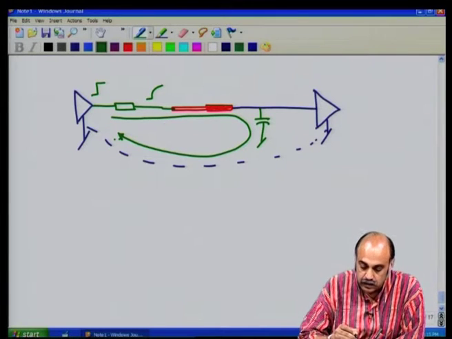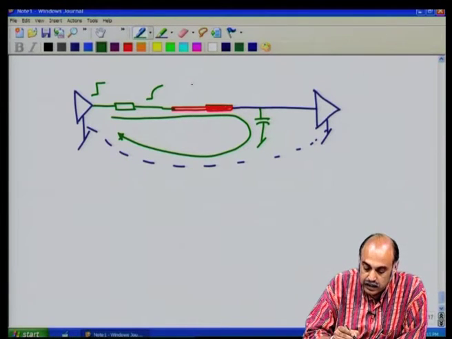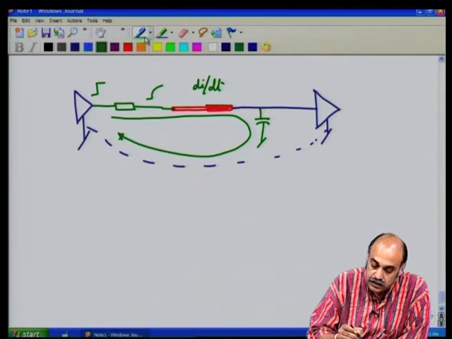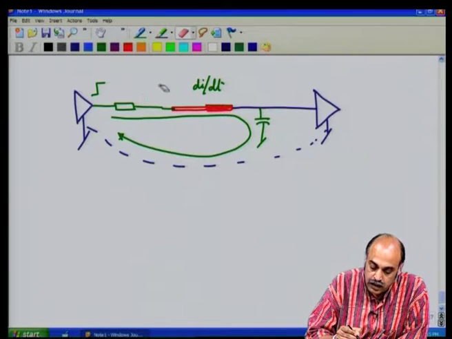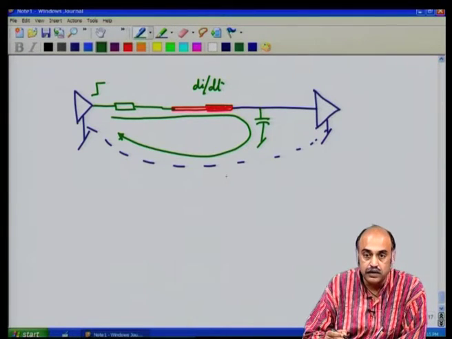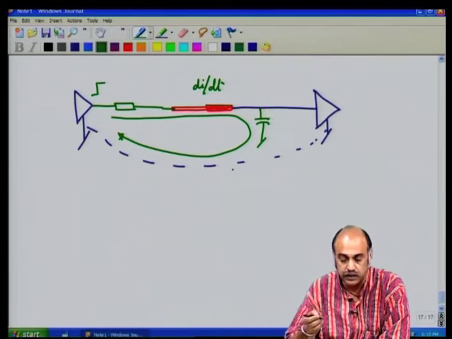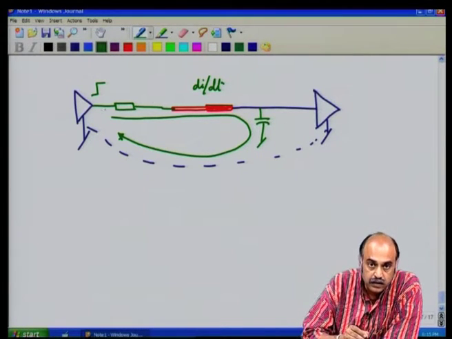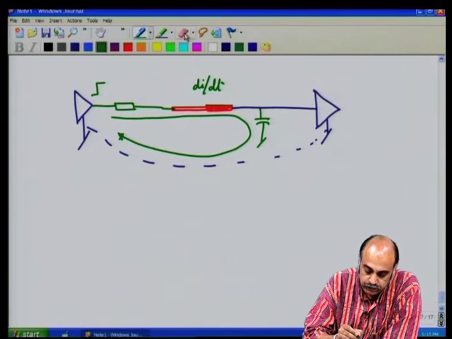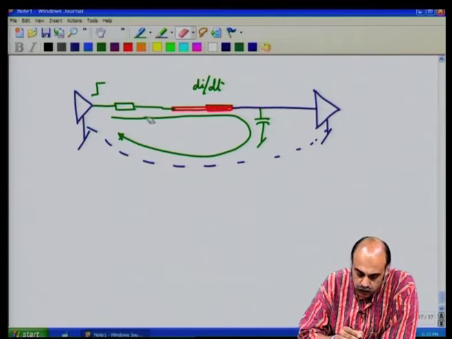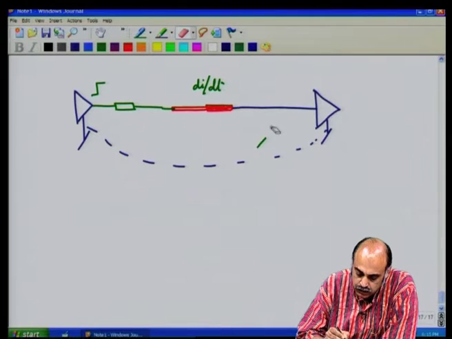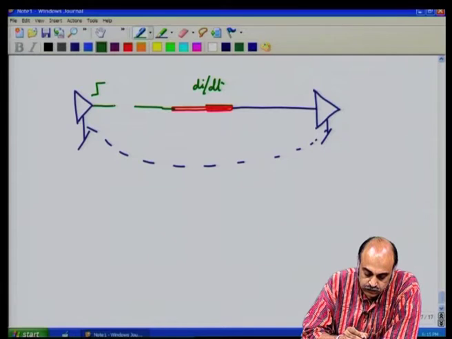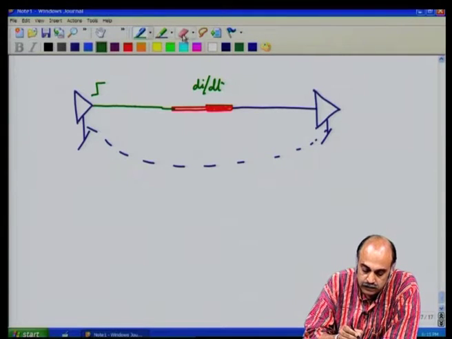Not only that, then you are passing the high di by dt currents through the connector, and connectors can act as antennas and radiate EMI, induce electromagnetic interference, to other circuits. So, you have to ensure that you put the capacitor on the source side itself. So, that is one aspect of improving the crosstalk by reducing di by dt.